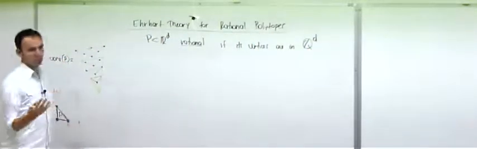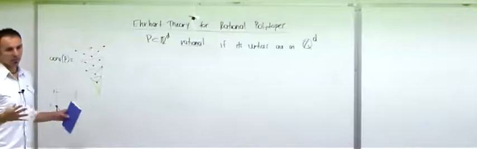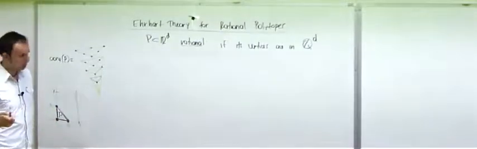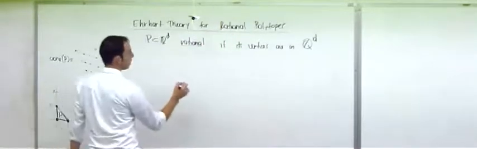And that's equivalent to saying that the inequalities are given by rational numbers. Inequalities are rational, meaning that all the numbers appearing in the inequality are rational numbers.